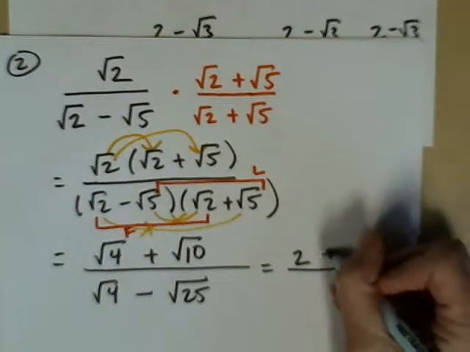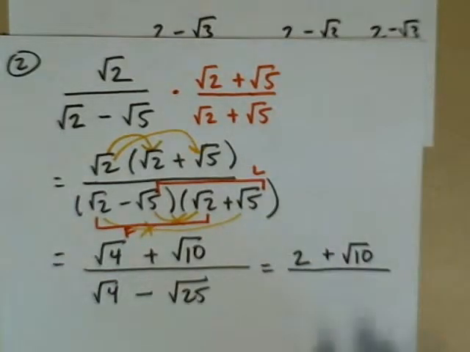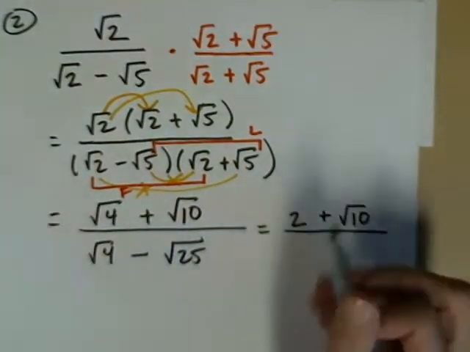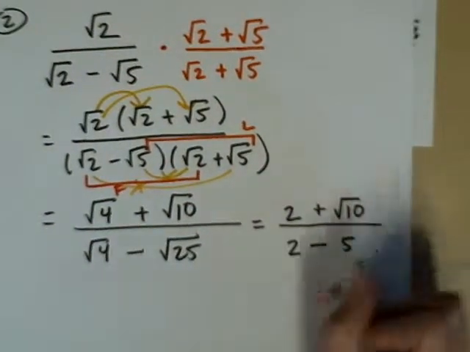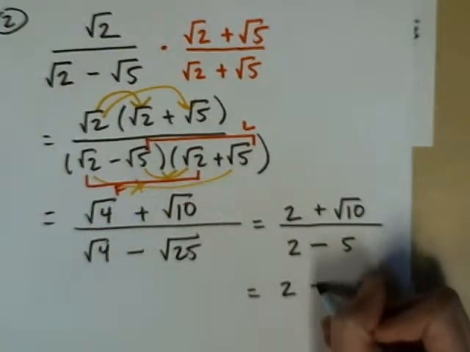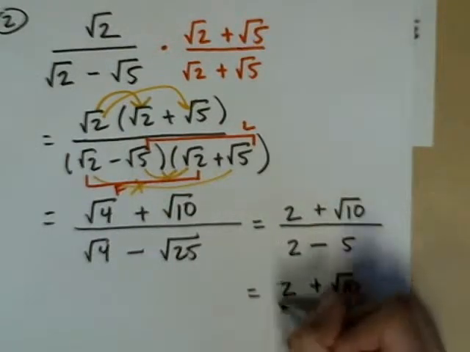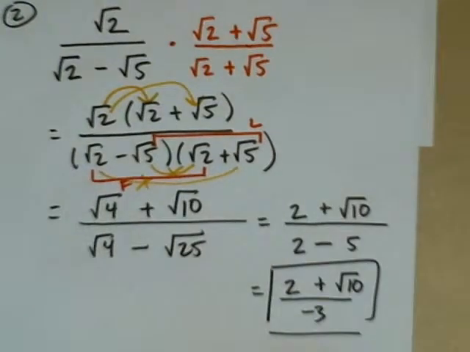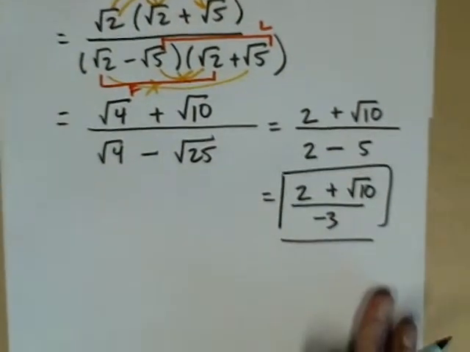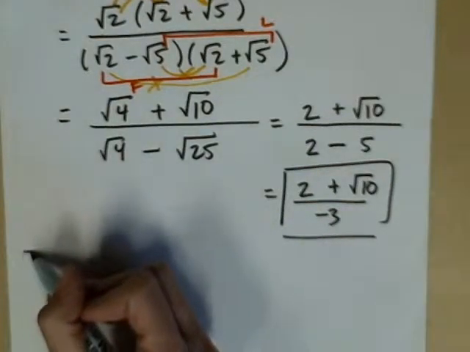Square root of 4 is 2 plus radical 10. Okay, my denominator, square root of 4 is 2 minus square root of 25 is 5. So we end up with 2 plus radical 10 divided by negative 3. There's our answer. You can split it up and you can express it in different ways, but that's essentially the answer. Okay, one last example.